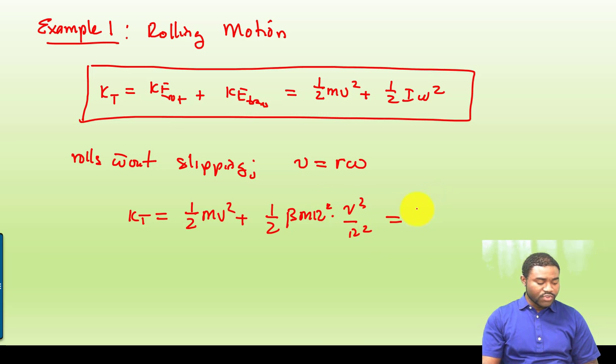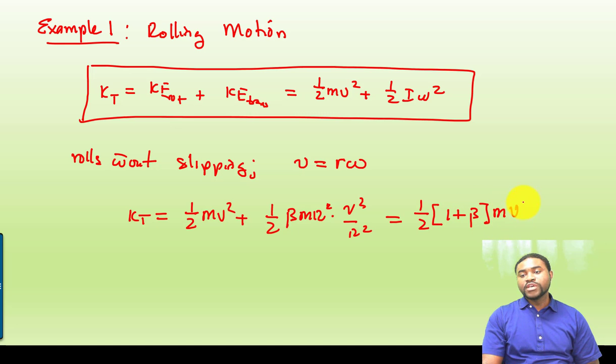This will give you 1/2 bracket 1 plus beta, mv squared. Now, this is the total energy of the object. You could see that this is equal to (1 plus beta) times the translational kinetic energy.